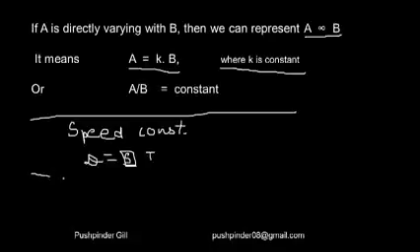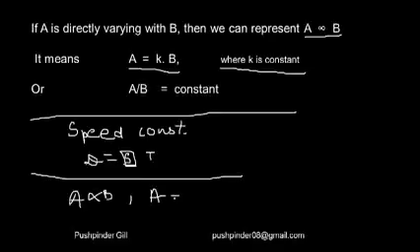Anywhere in the world, if A is directly proportional to B, that means A is equal to K times B, and this value of K never changes. That means K is constant, and there is a particular value that will always be here. So whenever things are directly proportional to each other, you can say A is equal to KB, or if I bring this B down here, I can say A upon B is constant.